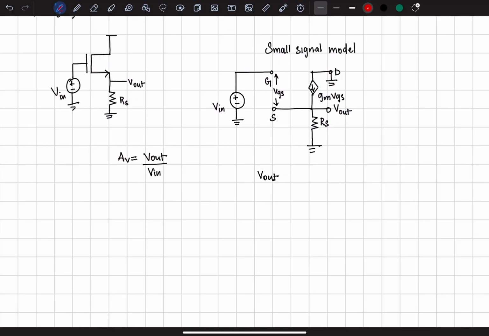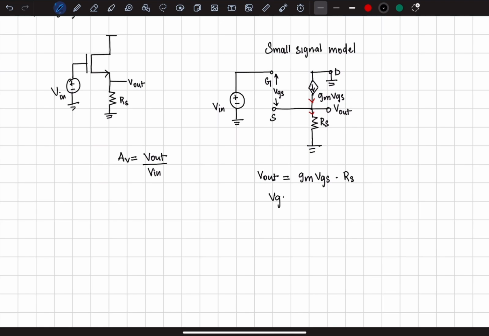We need to know what the current is in order to find the V out. The current in this branch is just gm VGS. So by performing Ohm's law, we know gm VGS, which is the current, times the resistance is the voltage.